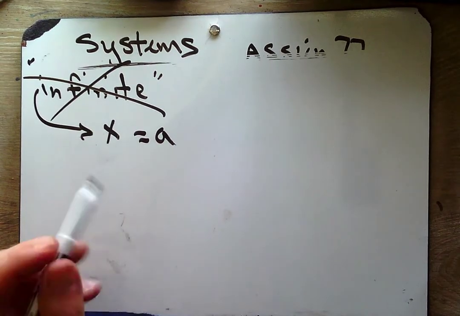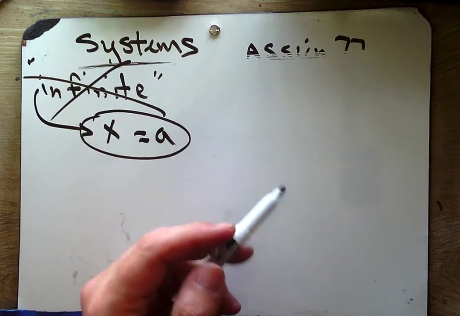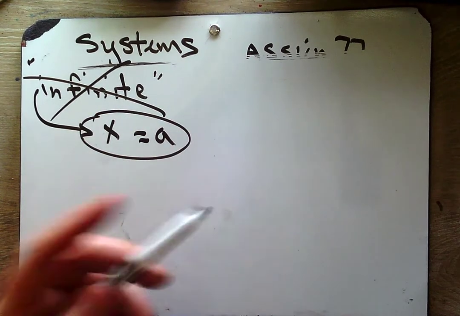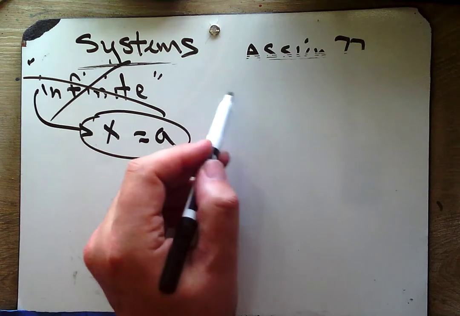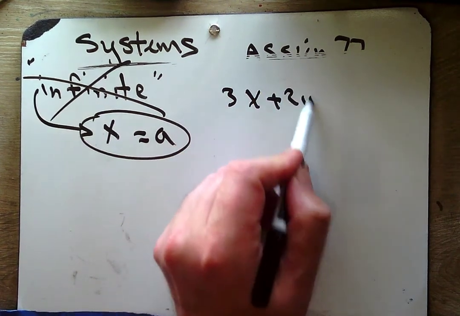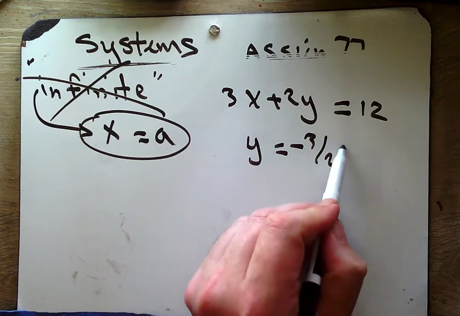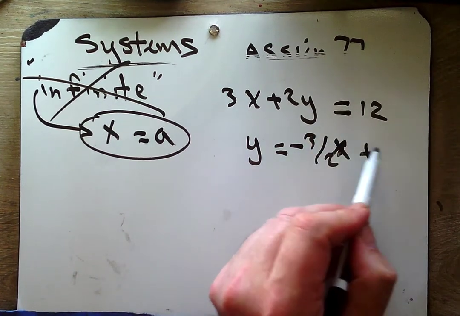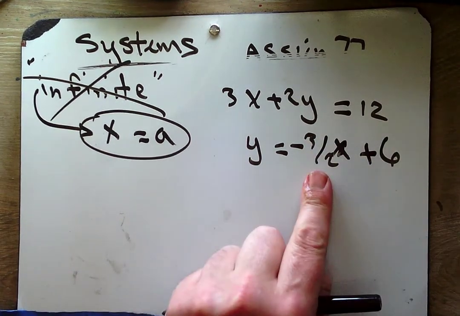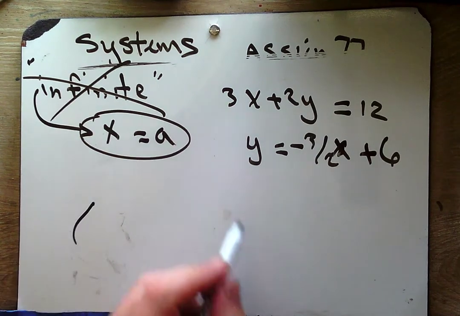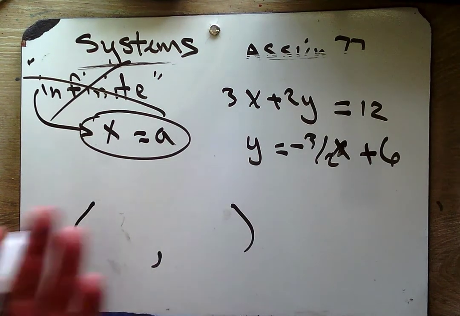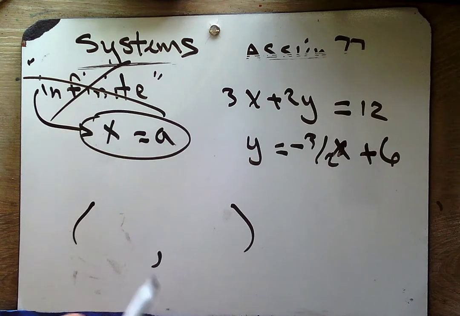Now that you know what x is, go into one of the equations, and it doesn't matter if you use this one or this one. I myself would use y equals negative 3/2 x plus 6 because if I'm looking to build an ordered pair, because my solutions are ordered pairs here, then I want an x value and a y value.